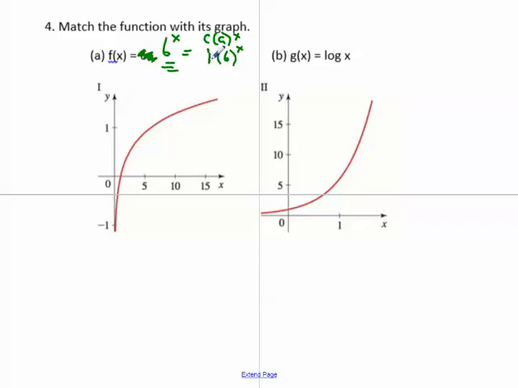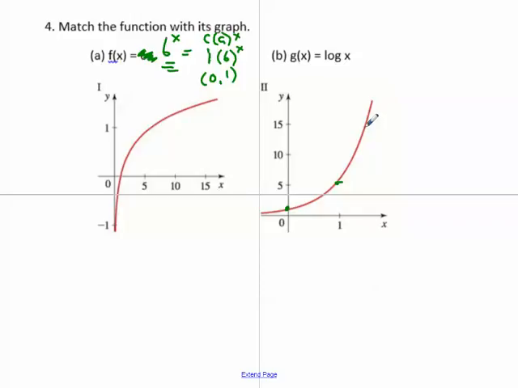Starts at 1. 0, 1 is included in this graph, the graph of f of x. And it's an exponential with growth because this a is greater than 1. So every time we move forward in the x, we're multiplying by 6. We're getting our y's, or our f of x's, bigger by a factor of 6. So we start at 0, 1. And we move forward 1, we multiply by 6.